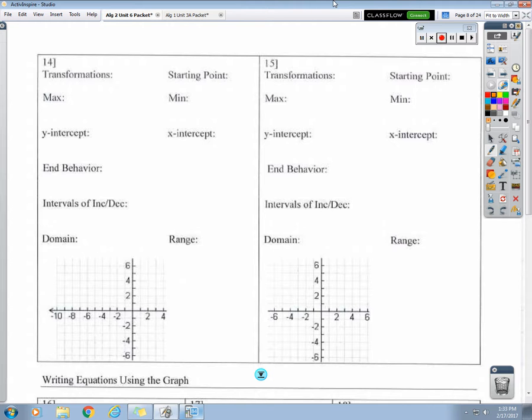Okay, number 14. y equals 2 times the cube root of x plus 4. When you're comparing that to the parent function of the cube root, what's been changed in the equation? Right, it has a number out front, that's your slope.